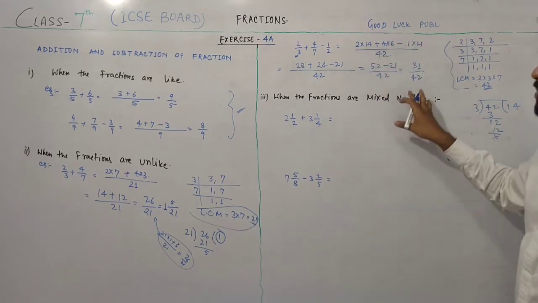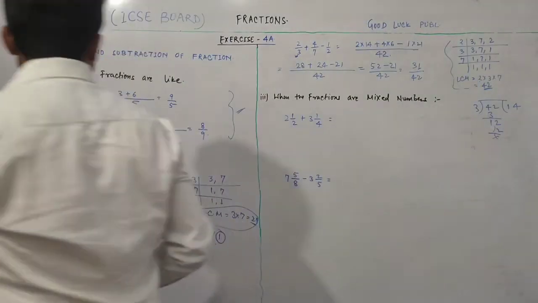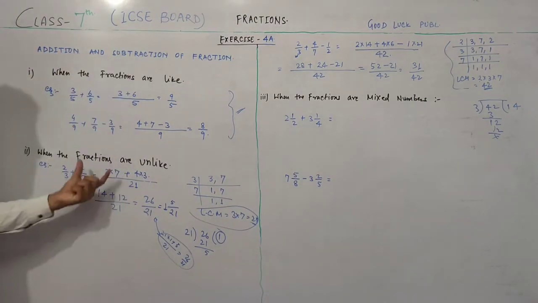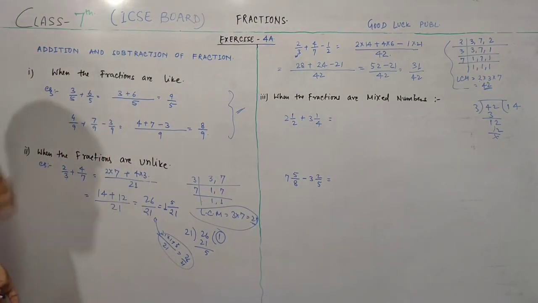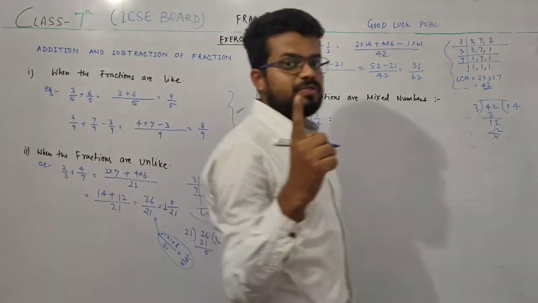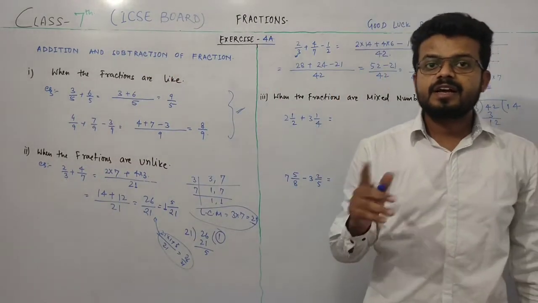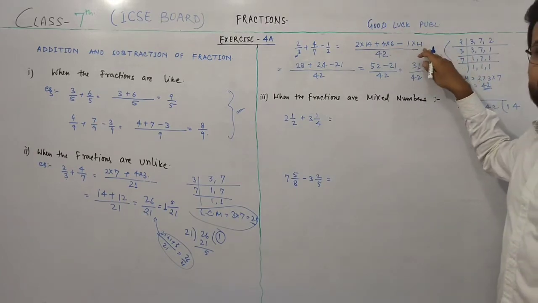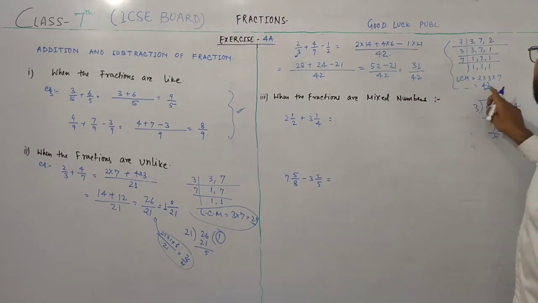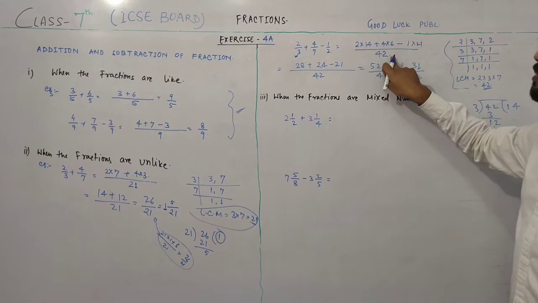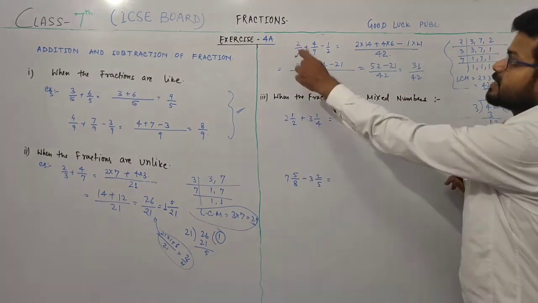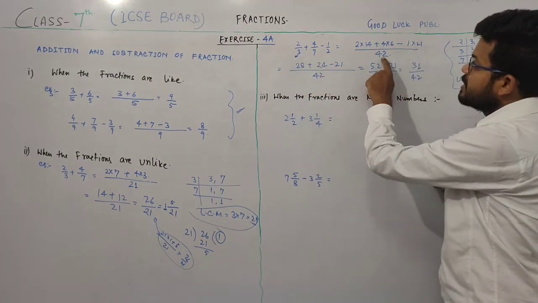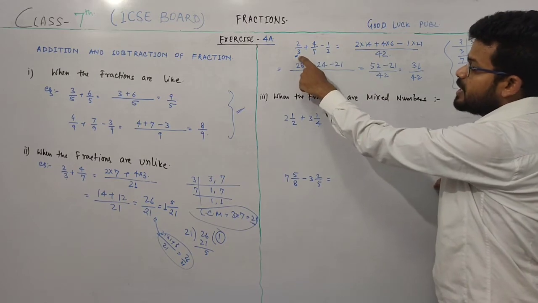So this is the rule to add and subtract unlike fractions. The first step is to take the LCM of the numbers in the denominator. After taking the LCM, draw a horizontal line and write the LCM in the denominator. After that, divide this 42 by the first denominator.